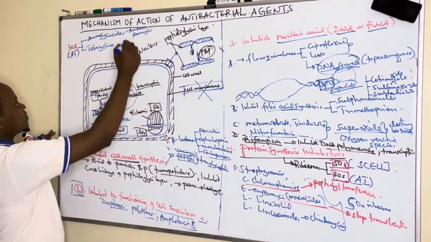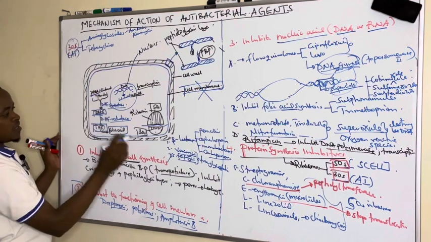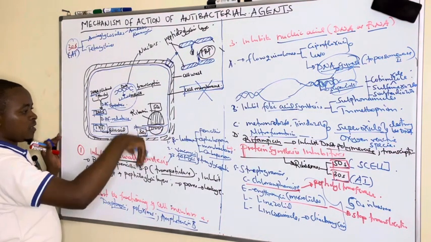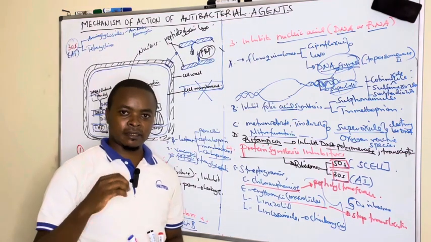So these are the examples, those that target the smaller subunit, which is the 30S, inhibiting protein synthesis.